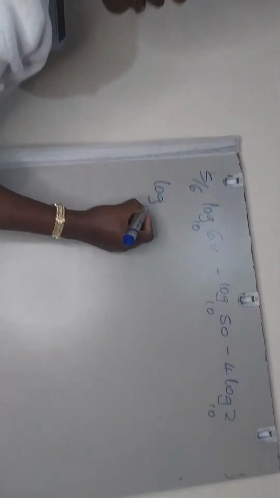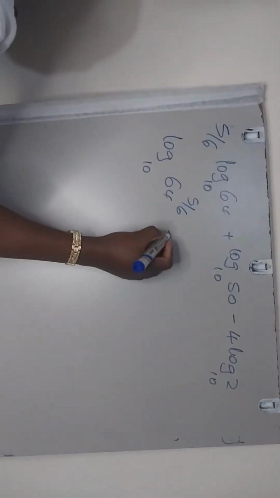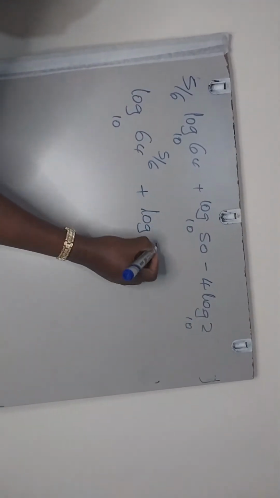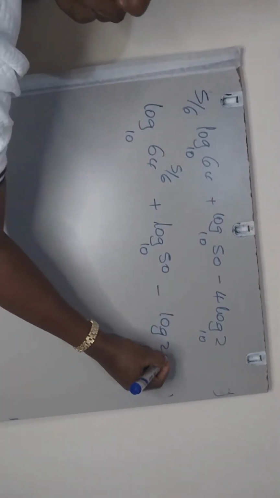It becomes log 64 to base 10, and the 64 has a power of 5/6, plus log 50 to base 10, minus log 2 to power 4 with a base of 10.